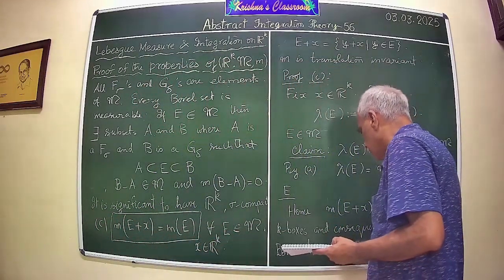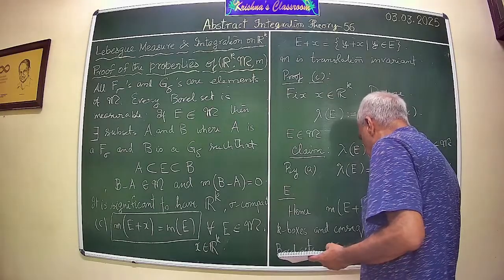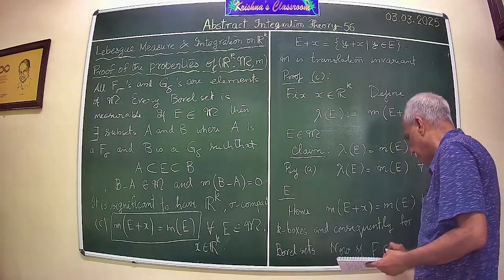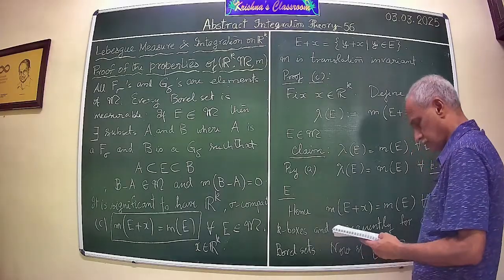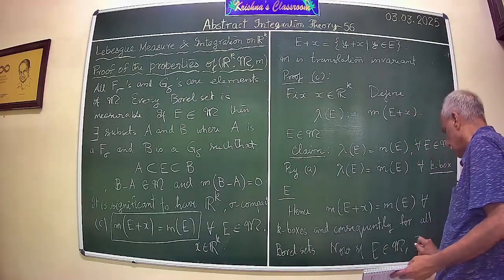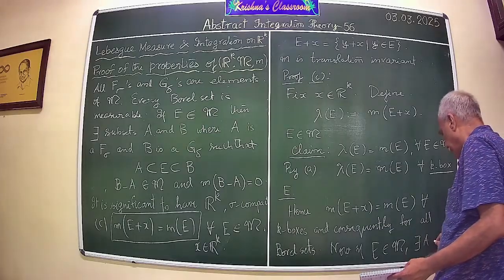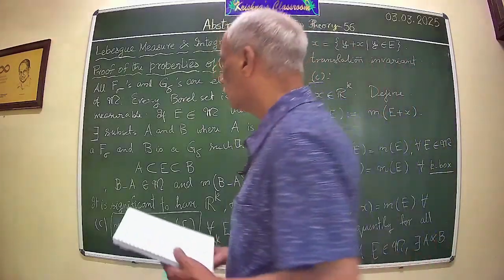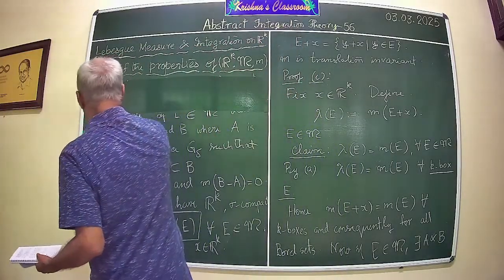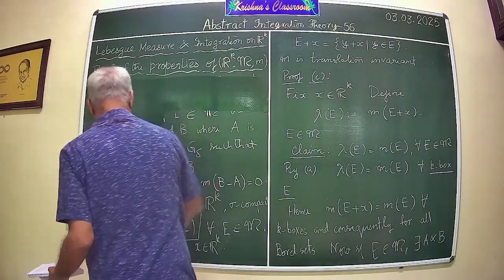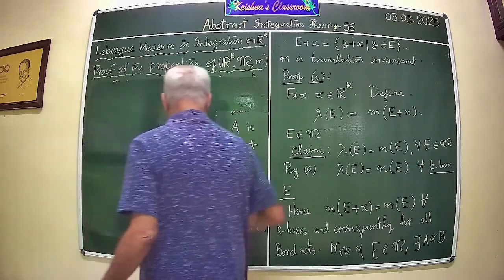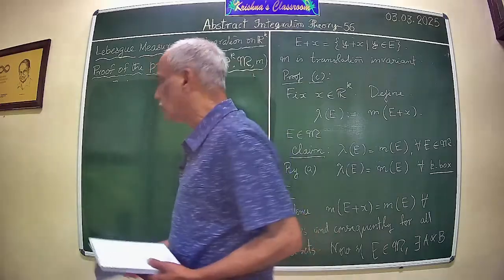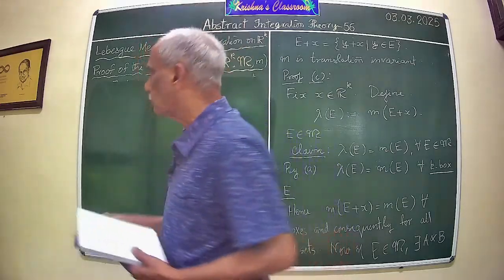Now, if E belongs to M, there exist A and B subsets of R^K.